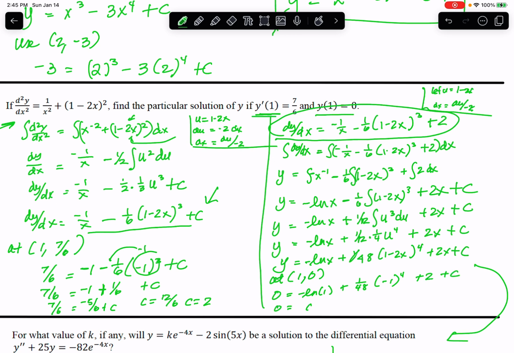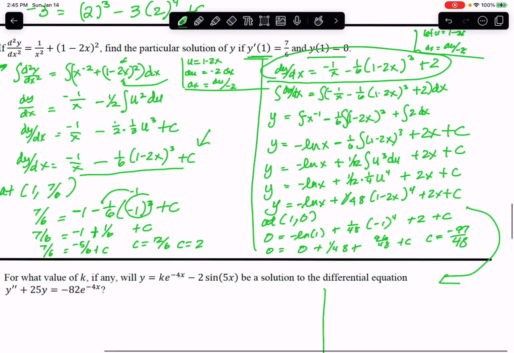So 0 equals 0 plus 1 over 48 plus 96 over 48 plus c. So c is negative 97 over 48.